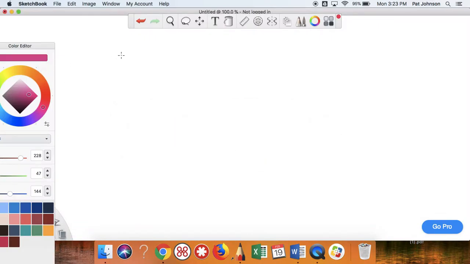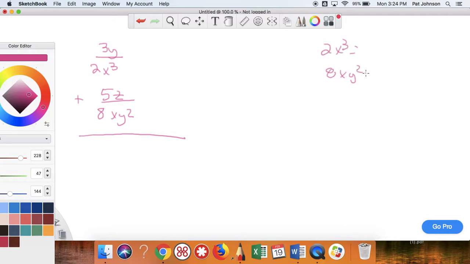So if I have, first of all, I'm going to add it this way. 3y over 2x cubed plus, because I always add and subtract fractions vertically. So now I have to get a common denominator. So I'm going to come over here, 2x cubed and 8xy squared, and I'm going to prime it.